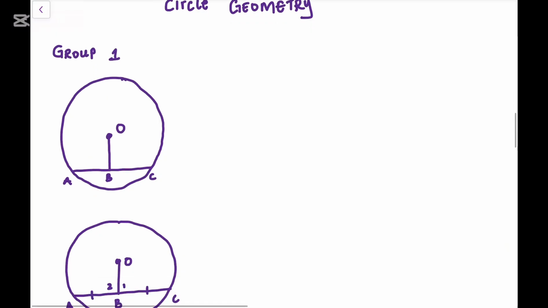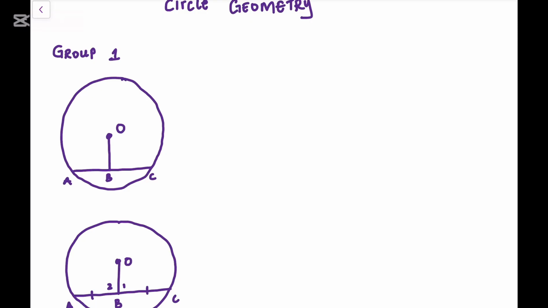For argument's sake, throughout the discussion, O is the center. O is the center because in the exam, you need to be told that you have a center. You do not assume that a point is a center without being told.